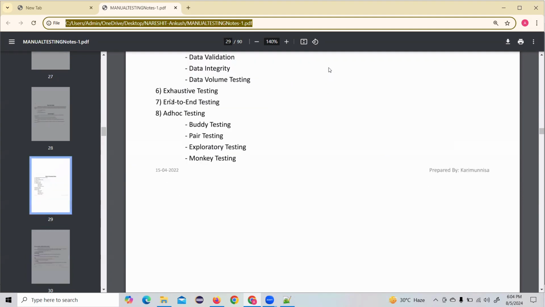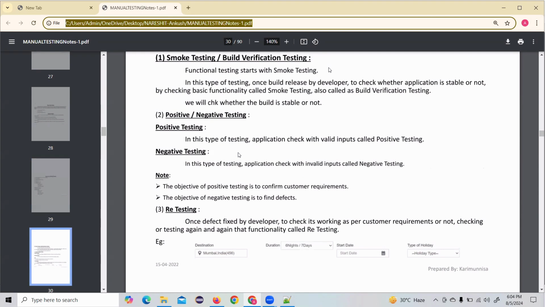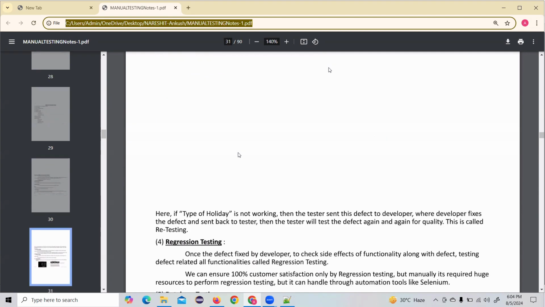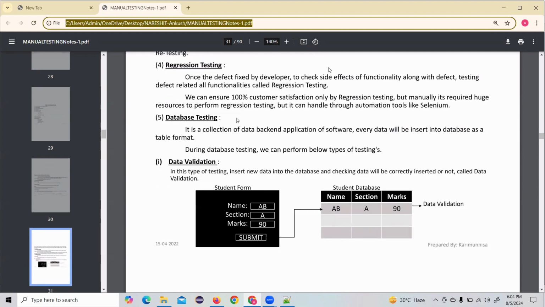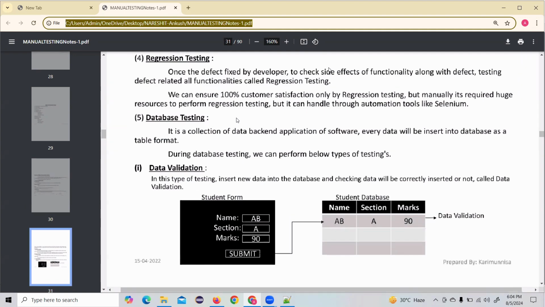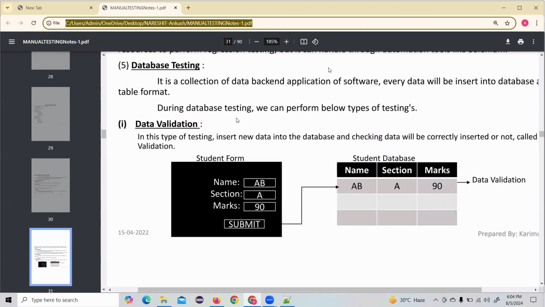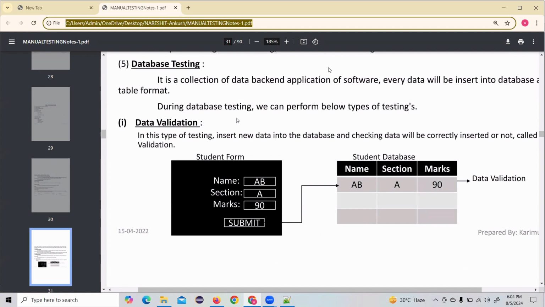So positive is done, negative is done, retesting is done, regression is done. Now it is time to discuss database testing. It requires SQL. What is SQL?